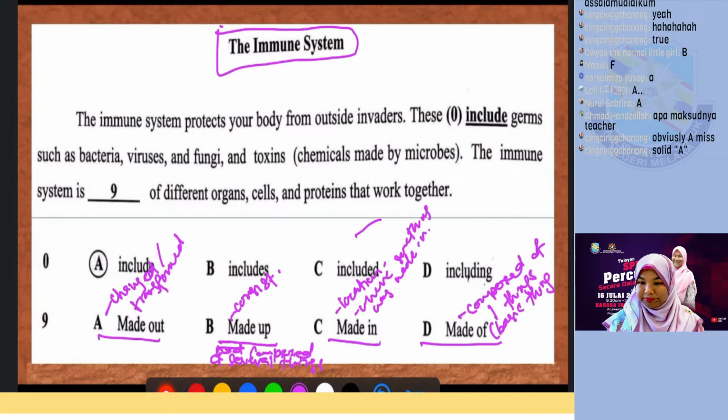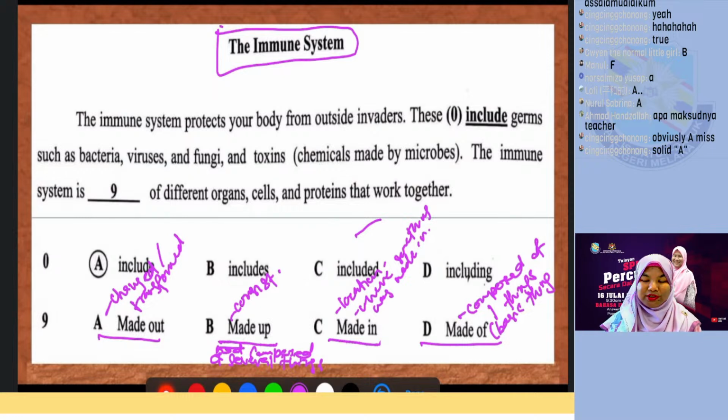Maybe Hanzalah did not understand the meaning of each option. So Hanzalah, I will try to translate it. A, made out. Made out means merubah sesuatu. Made out, kalau kita nak cakap yang benda tu berubah ataupun dah transform daripada suatu benda, becoming another one.